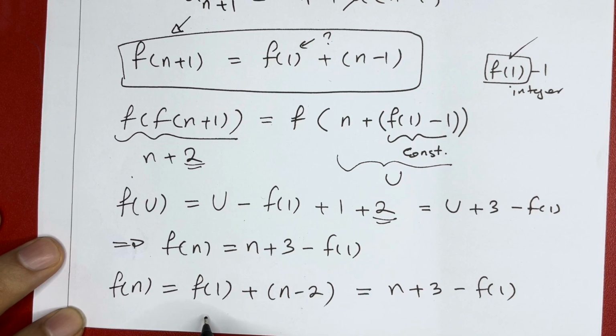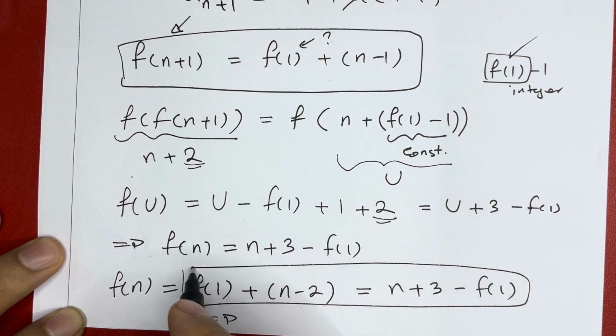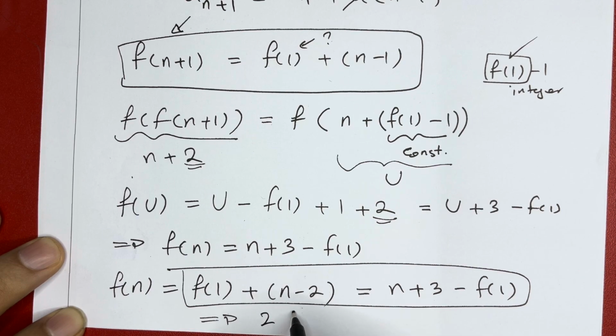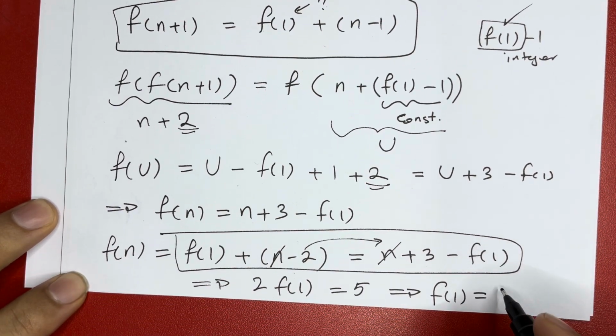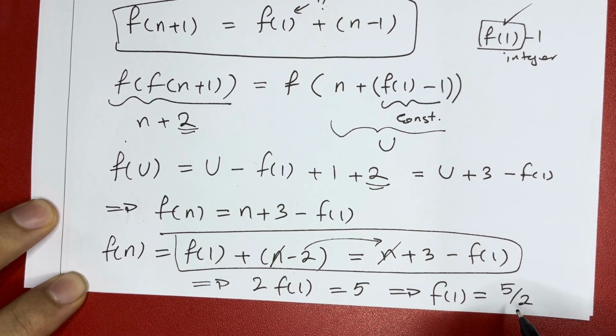Then if you bring f of 1 to the other side, 2 f of 1 will be, n and n cancel each other, this 2 goes to the other side, it's going to be 5. That means f of 1 will be 5 divided by 2.